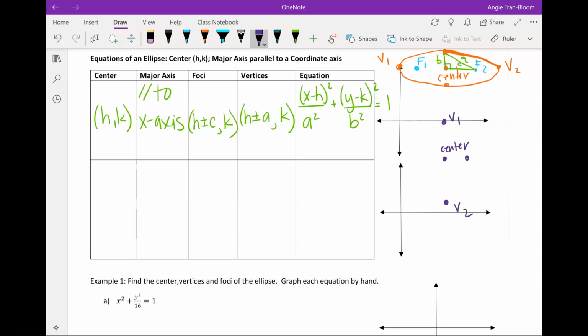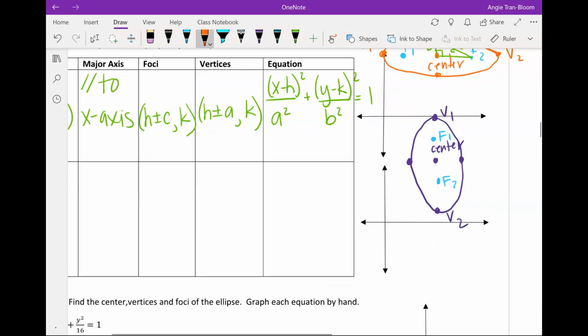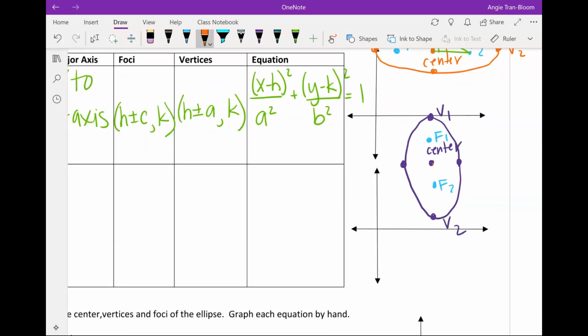No, they don't have to be pretty or perfect. Just looks more like an ellipse. So foci, here's focus 1, focus 2. And just like prior, this is a c distance, this is a b distance, this is the right triangle, and that's an a distance.